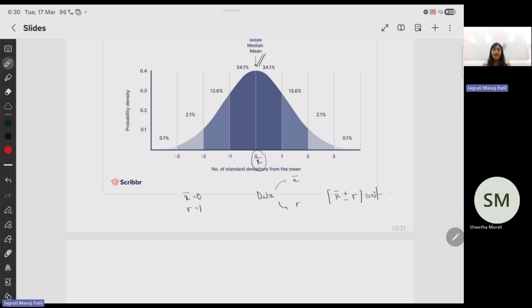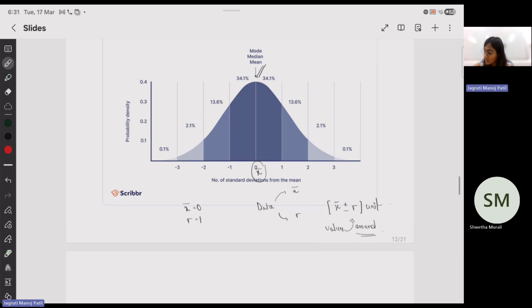It means the values in your data would be around this metric, ranging from the mean plus minus standard deviation. So that's what I'm representing here.